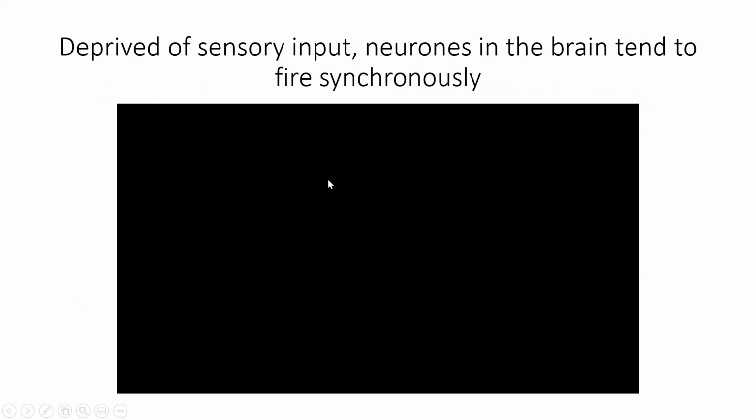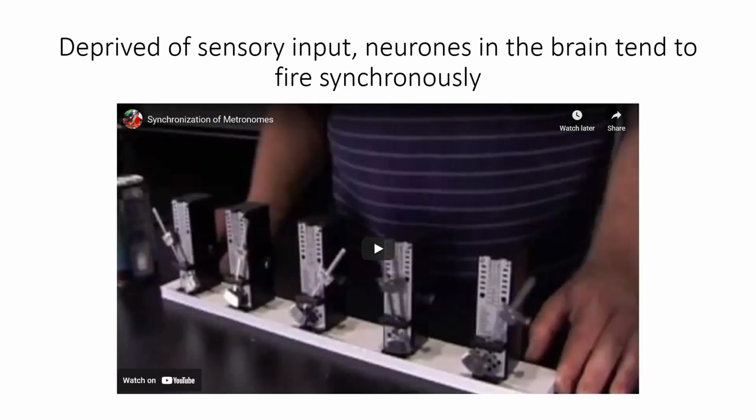Now, the central nervous system has some very interesting properties, and these properties have been determined by studying the brain using things like EEG. One interesting property is that it has a tendency for the neurons to become synchronous.